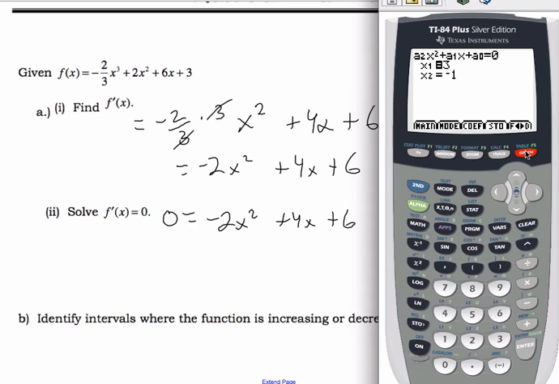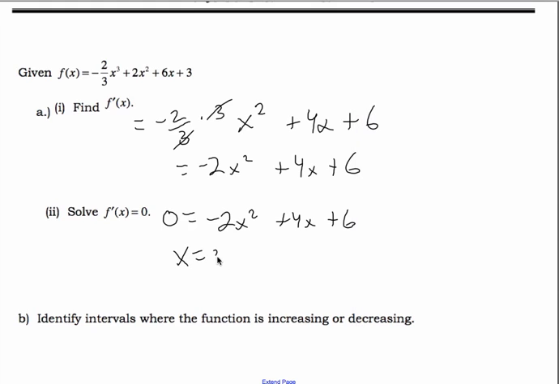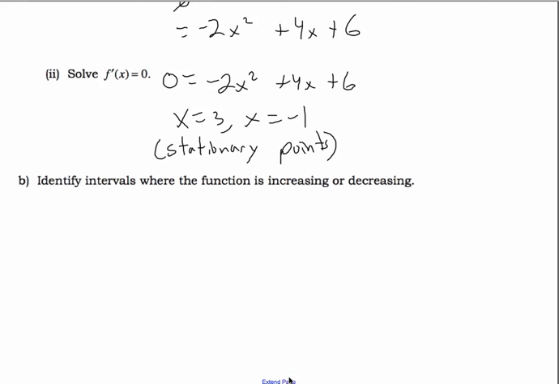I'll press solve, and we get x equals 3 and x equals negative 1. X equals 3 and x equals negative 1 are the places where the derivative equals 0. So those are the locations of the stationary points, which we'll probably need for the next part of this question.